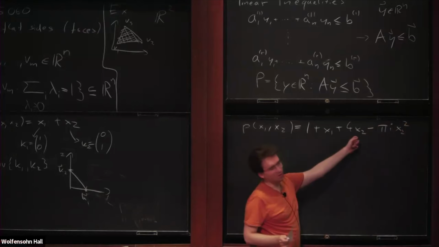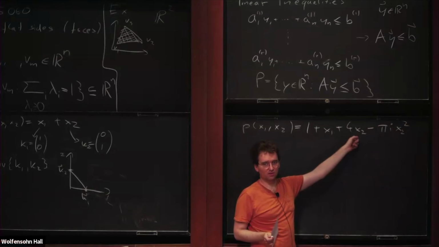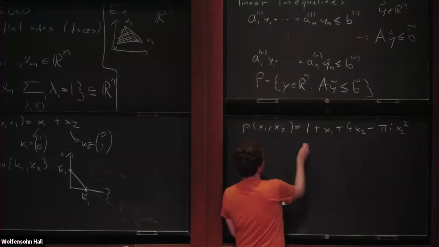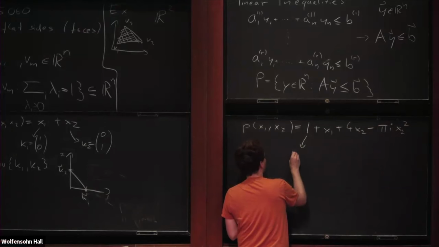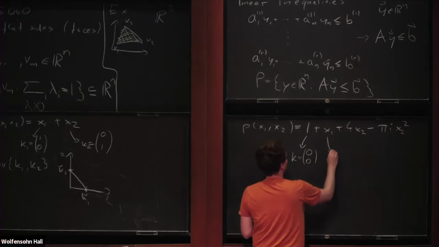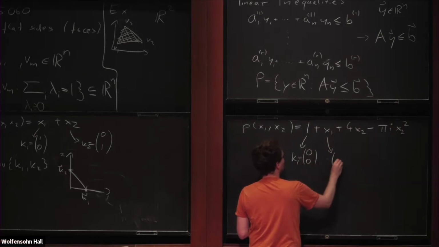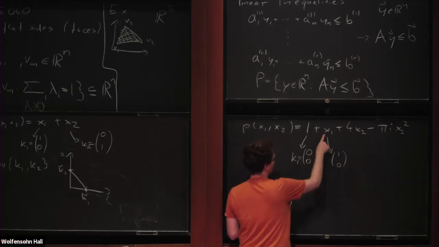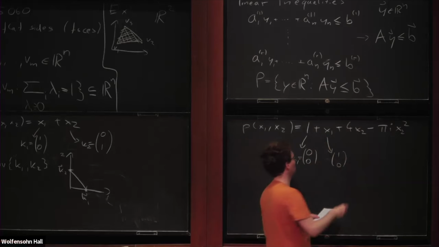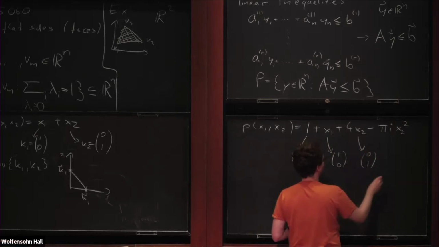Then the coefficients again don't really count. It's just the powers of the variables that count for the definition of the Newton polytope. So the constant term has all 0 powers, which gives us a vector 0, 0. This gives us a vector 1, 0, because it has 1 power of x1. Here we have a vector 0, 1.